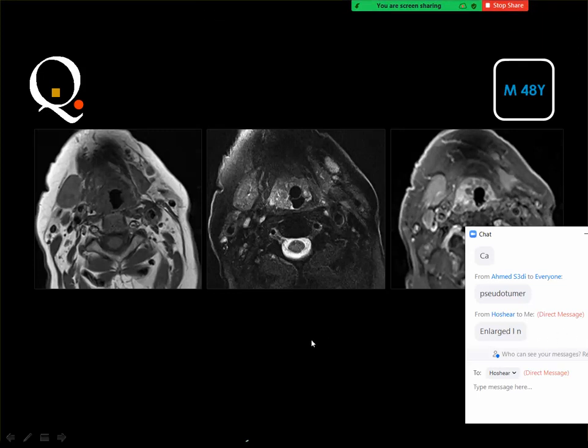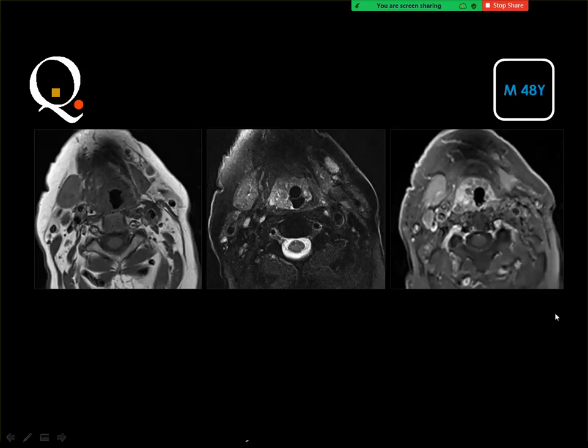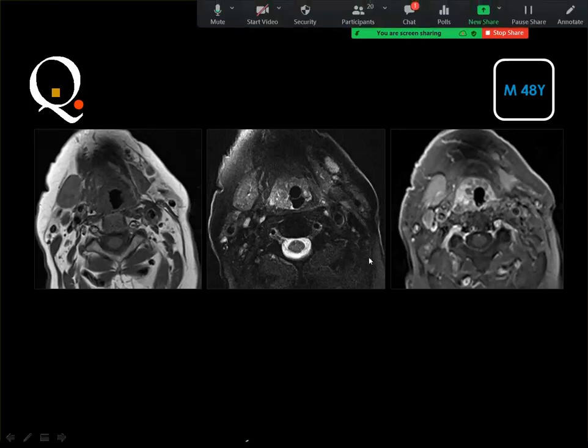Where are these nodes? If you look here, this is the submandibular salivary gland, and this is the opposite one. They are not symmetric because the patient is somewhat tilted, but the pathology is located here on the right side of the oropharynx.